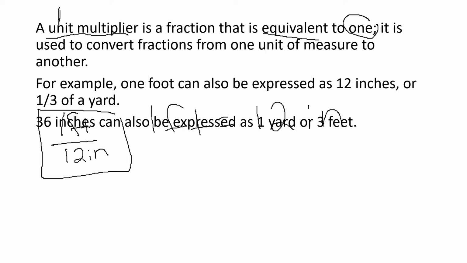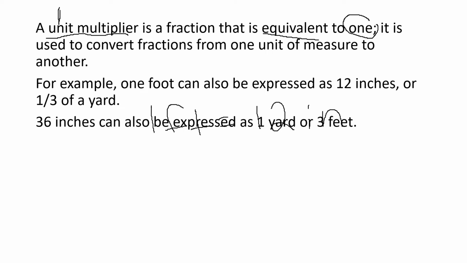Okay, so let me erase that so you can see this. Another example would be 36 inches. I know you all are going to be frustrated by those few spots that I missed, but that's okay.